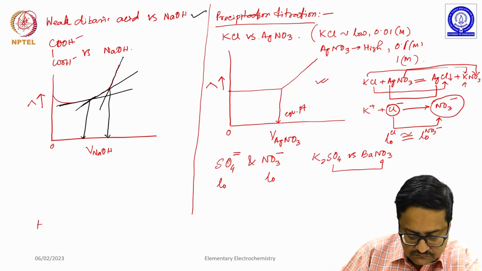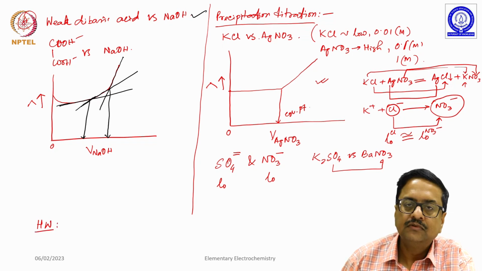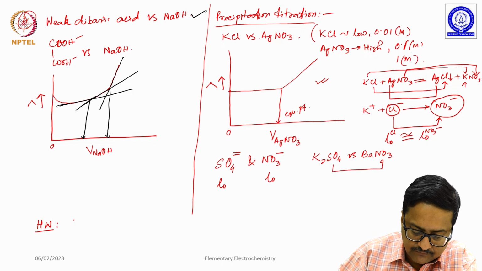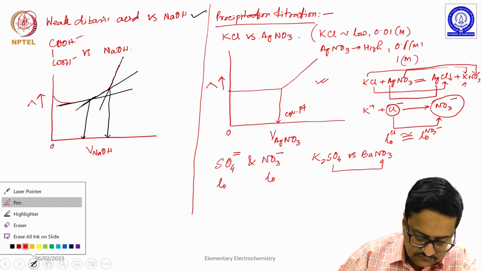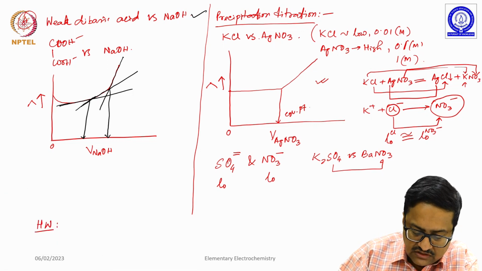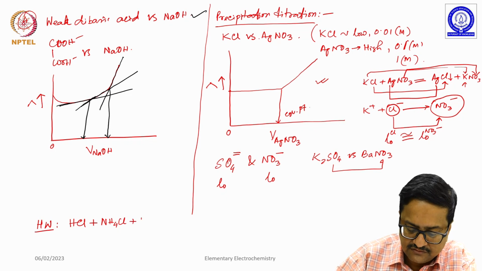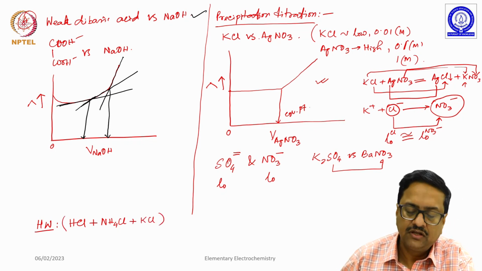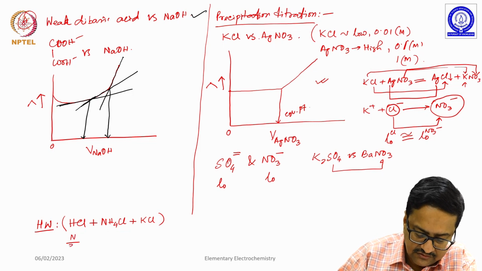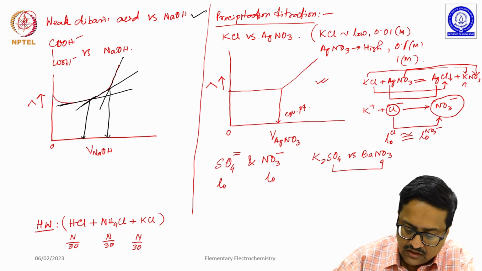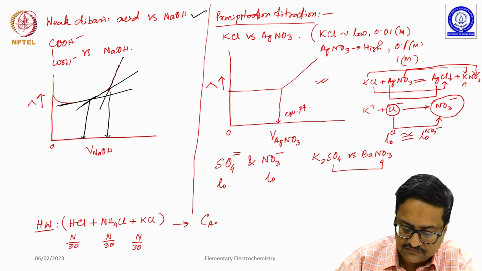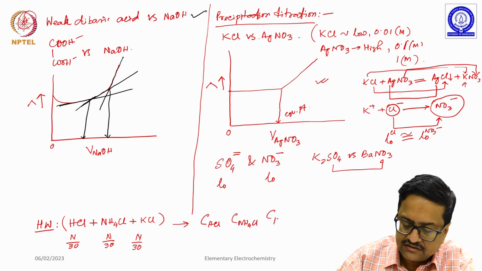So I am giving you another homework. If I give you a mixture of HCl plus NH4Cl plus KCl, each of the order of n by 30, I want to know the individual concentrations of HCl, NH4Cl and KCl.